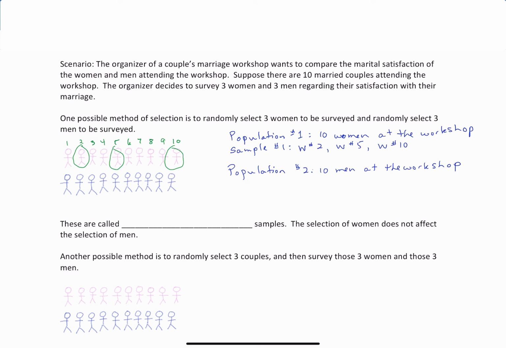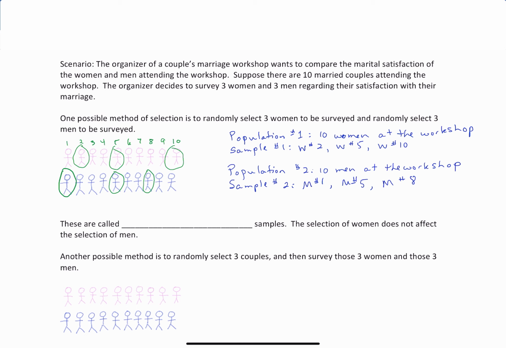So let's say the first one gets randomly selected, and this one gets randomly selected, and that one gets randomly selected. So our sample from population number 2, that I'll call sample number 2, is man number 1, man number 5, and man number 8.